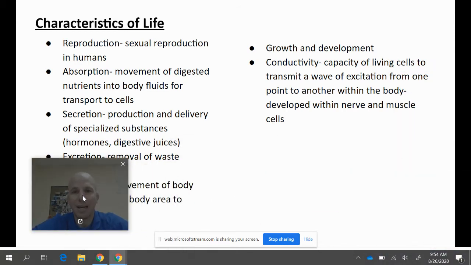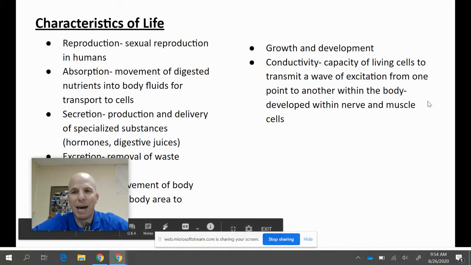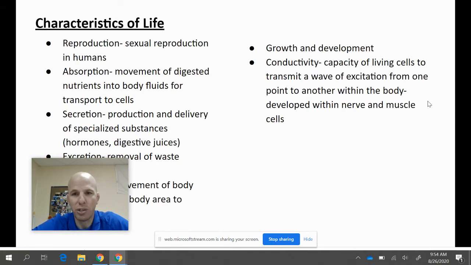There we go. Conductivity says the capacity of living cells to transmit a wave of excitation from one point to another within the body, developed within the nerve and muscle cells. What in the world does that mean? Basically, we have electricity in our body, which is really, really cool. The human body is amazing, by the way.